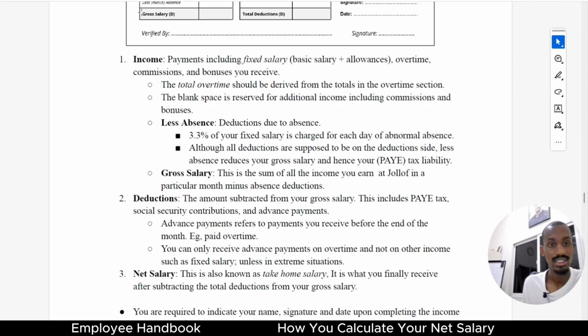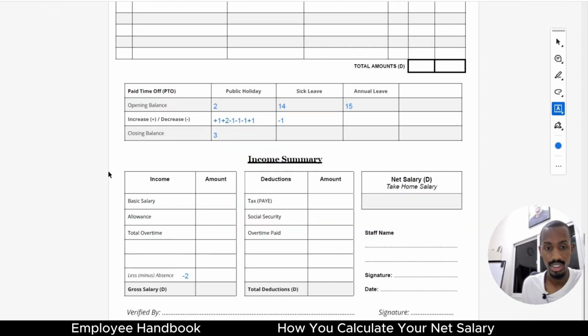So let's give examples about this part here. Basic salary. At Jollof Events, our basic salary is normally 5,000, just to keep it simple. Allowance here refers to travel allowance, feeding allowance, and rent allowance. When we bundle it all together, we just call it allowance.